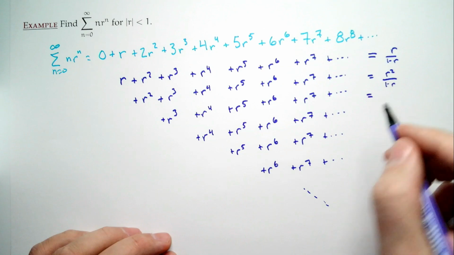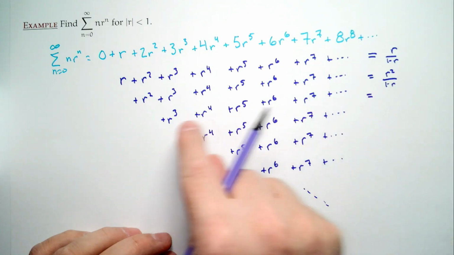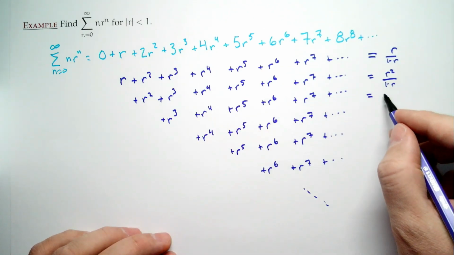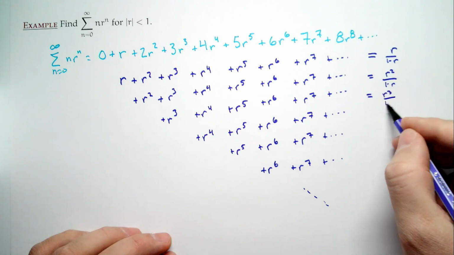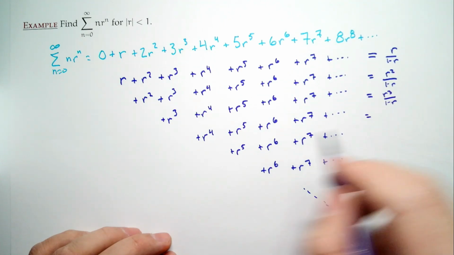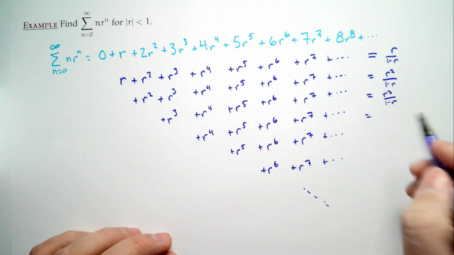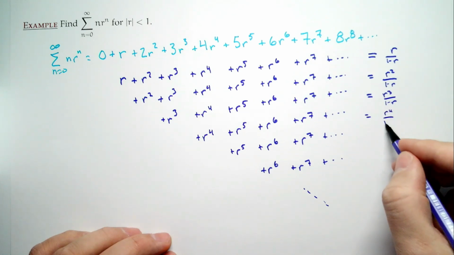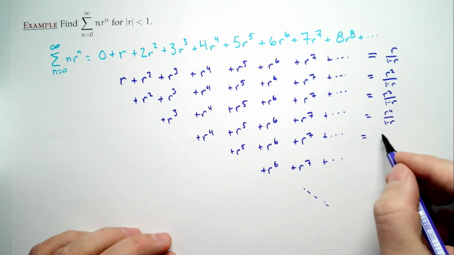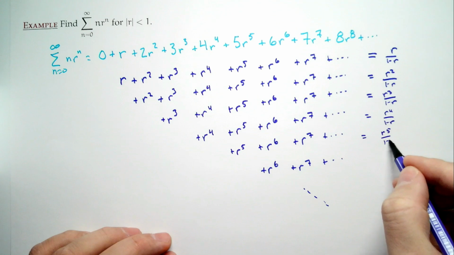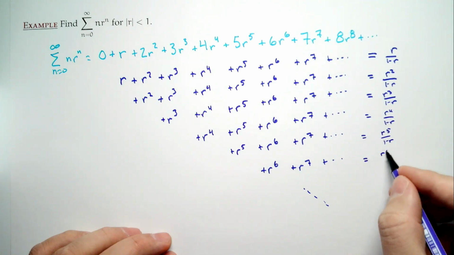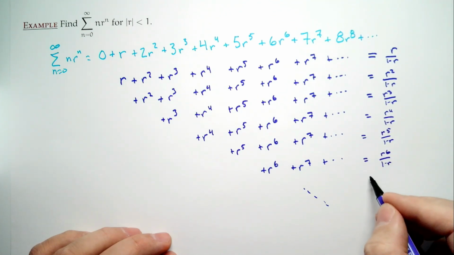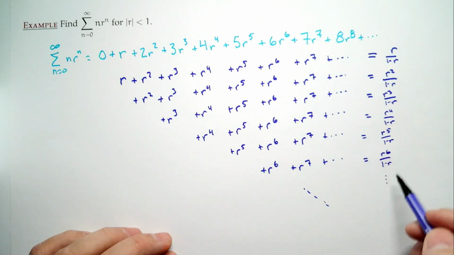The third line, it's geometric. First term is r cubed, so we're going to get r cubed divided by 1 minus r. Fourth line, first term is r to the 4th, so r to the 4th divided by 1 minus r, and that continues. So, if we look at these individual sums, that's what we get.